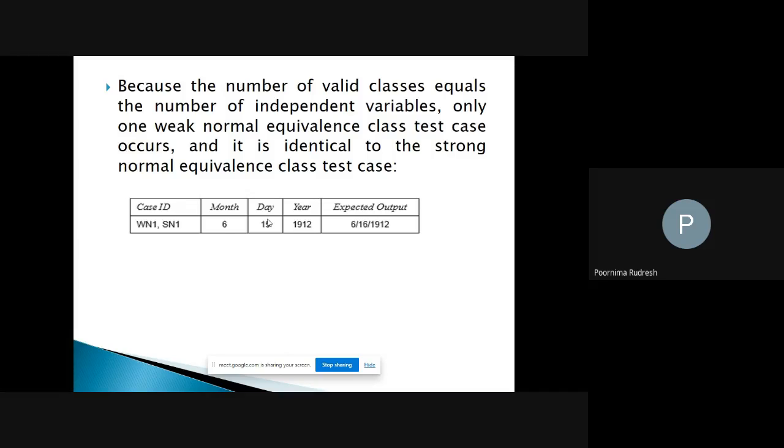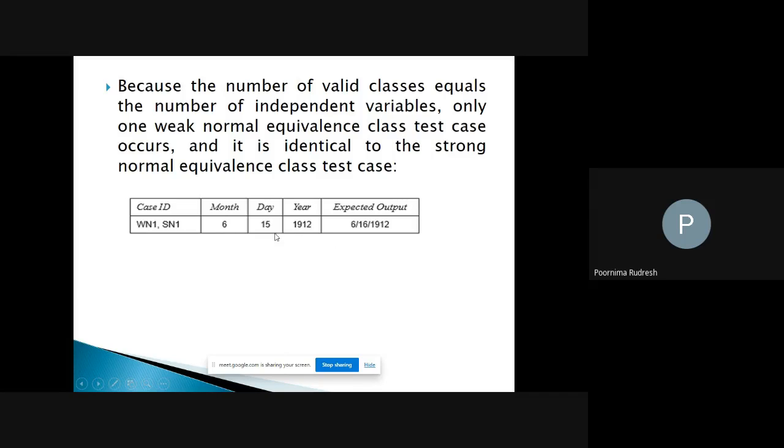So we see one test case, which we construct by defining the values for the variables month, day, and year, where these values reside within the given range. WN1 indicates weak normal test case 1. Similarly, SN1 means strong normal test case 1. So month is 6, day is 15, and year is 1912. This is the value we have given for month, day, and year.